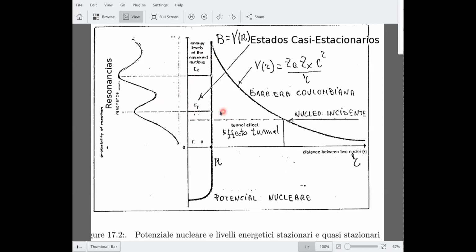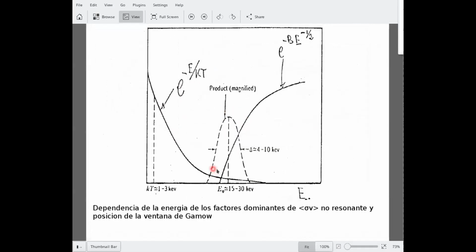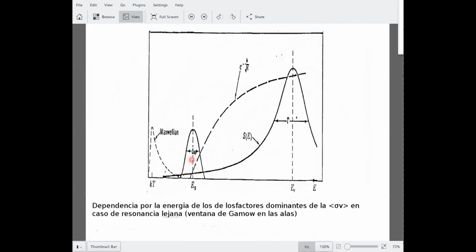And similar here. This causes you to have the classical Maxwellian, the tunneling effect, the gamma, multiplied by the resonance.